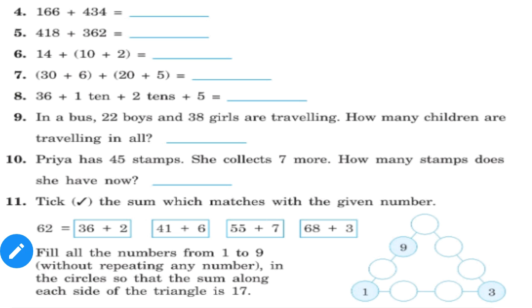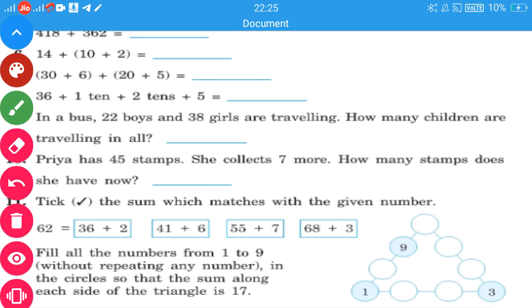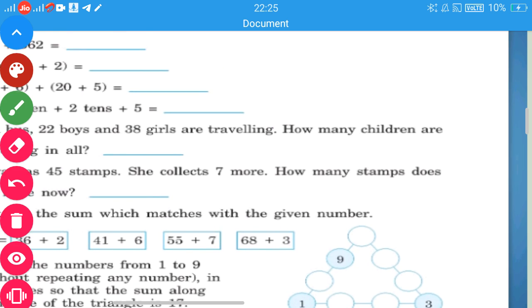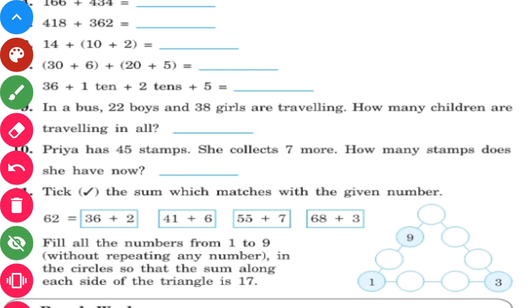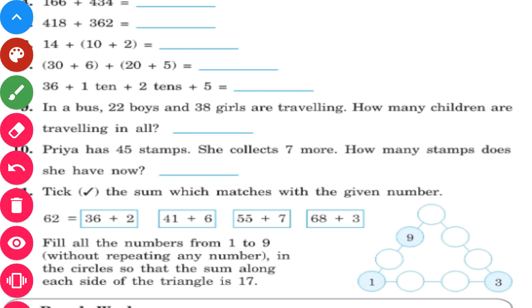So what we will do? We will find the keyword. So here our keyword is all. All means addition. This we have discussed when we were doing our exercise based on word problems. So that means we have to add.